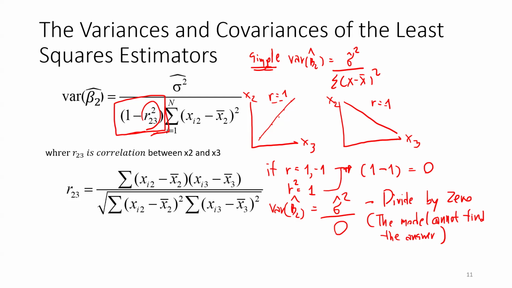This problem we call exact collinearity. If we face exact collinearity, the model cannot find the answer.